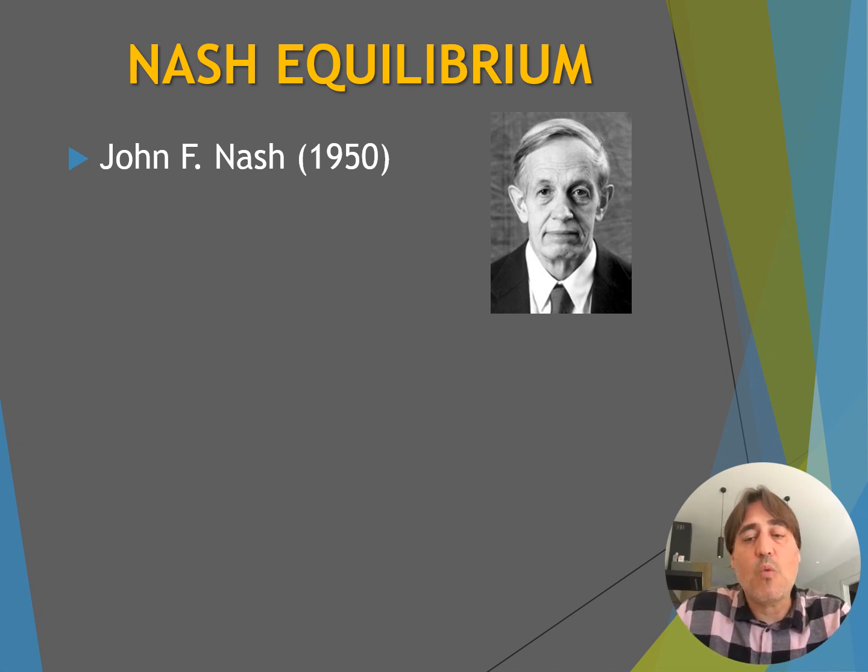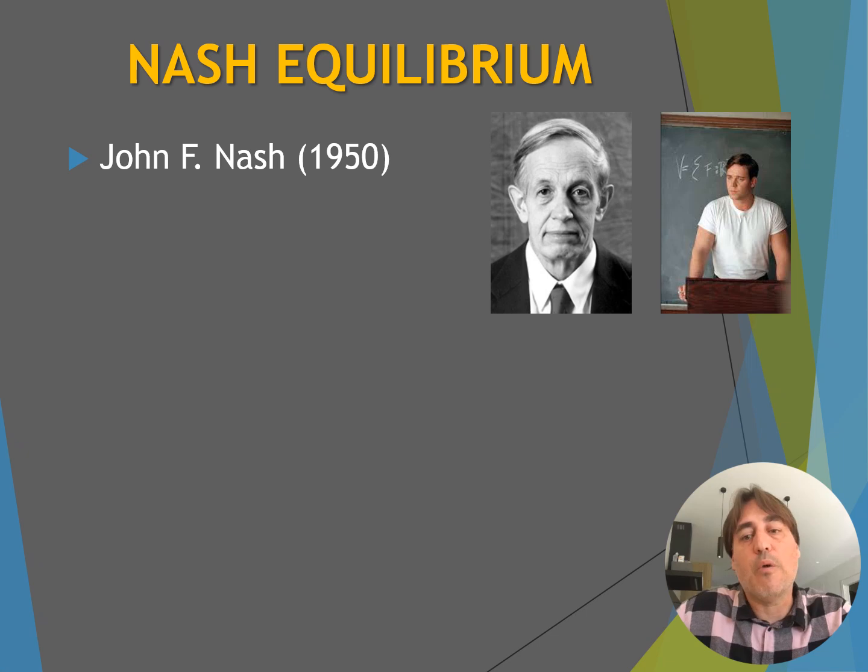Nash equilibrium is a well-known concept which was named after John F. Nash, who formalized it in the 1950s during the last century. The life of this man was very well explained in a film called A Beautiful Mind, starring Russell Crowe.